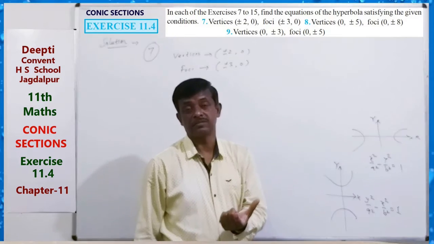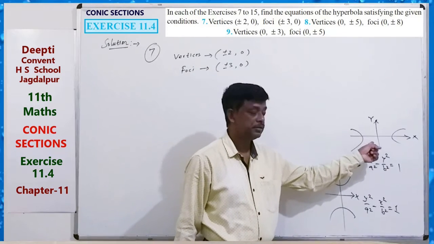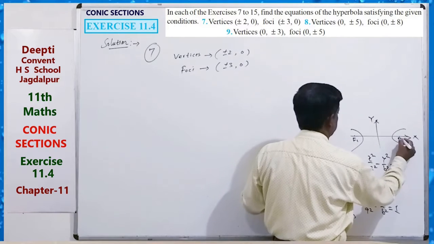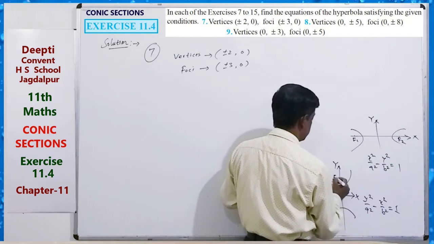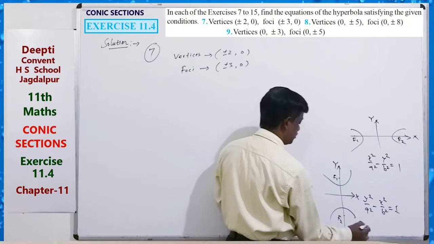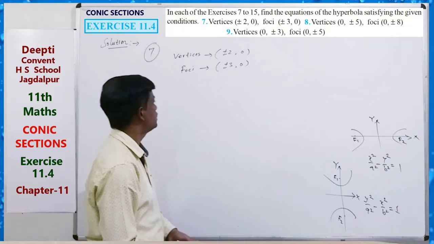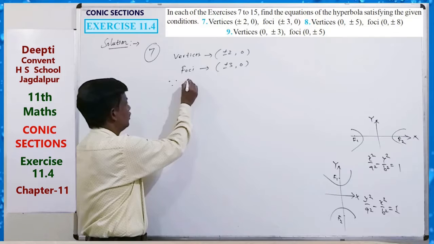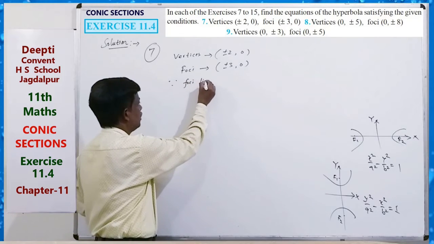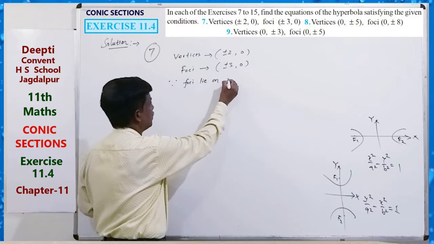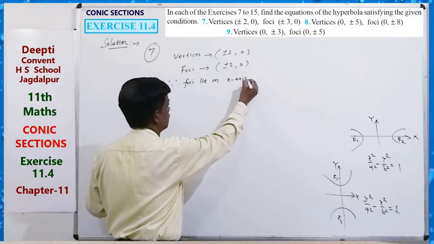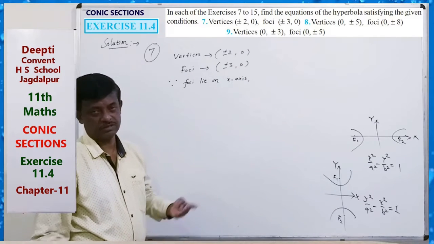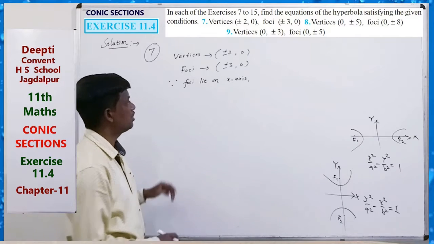Foci lie on the transverse axis, here and here, F1, F2, here also F1, F2. Okay, so here, since the foci have y coordinate 0, they lie on the x-axis.